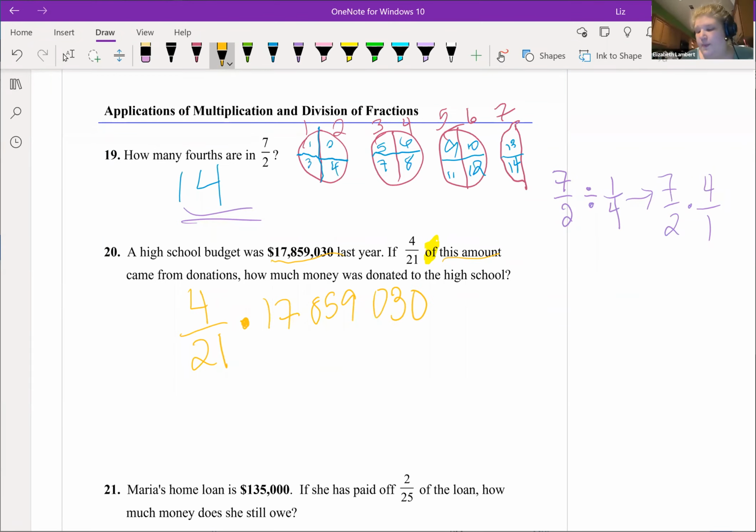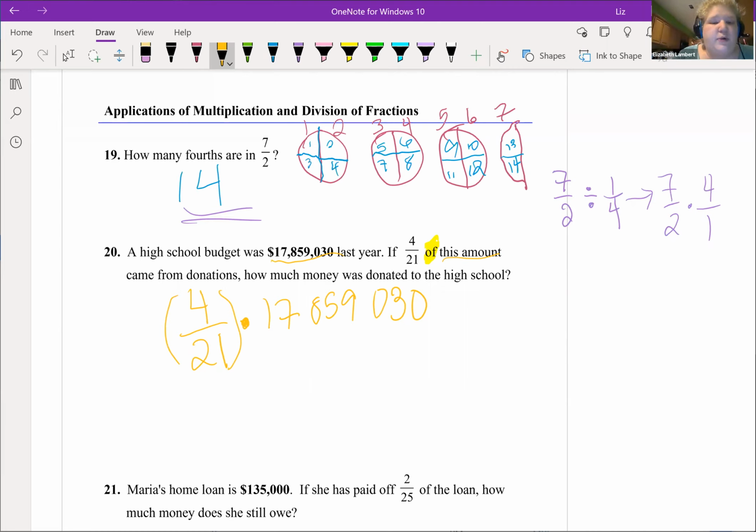17,859,030. So on the calculator, just to be safe, I get kind of paranoid because when I was young, calculators were still kind of stupid. So parentheses were the way you had to CYA. Alrighty, so I pull out my trusty calculator.